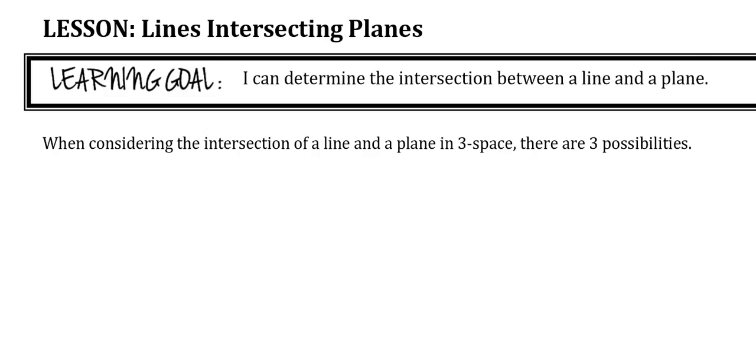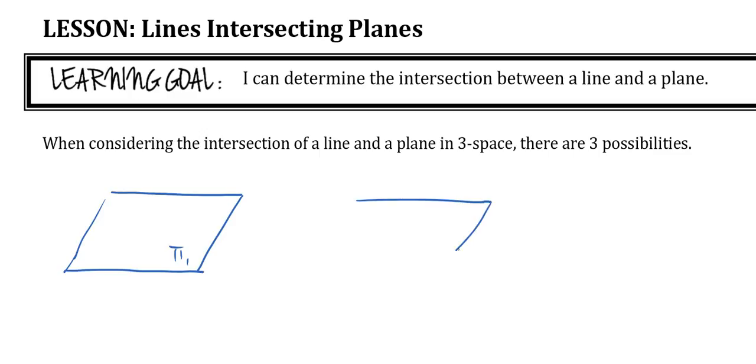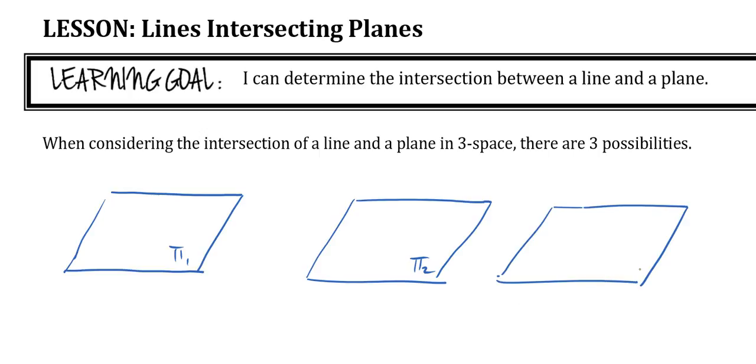So we're going to talk about the three possibilities first. If you're picturing a line and a plane, what could happen?